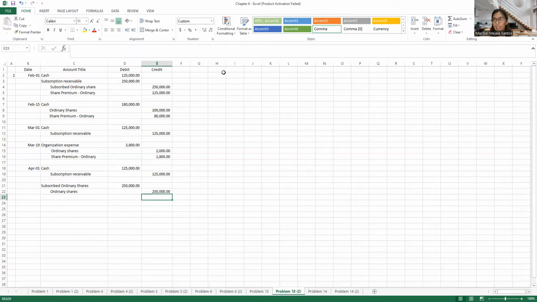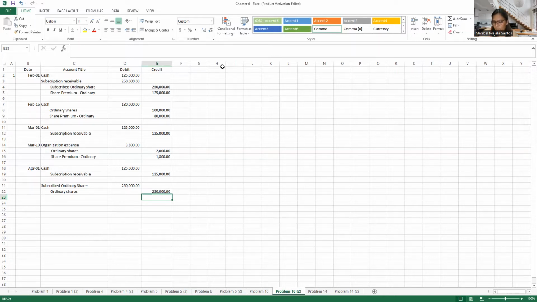Above cost, kung binenta natin siya at more than 3 million. So, debit cash, for an instance if it is issued at 2,700. Treasury stocks 3 million and then may share premium. Paano kung below? I-debit mo ngayon siya sa retained earnings. Okay? Then retirement. Later na natin pag-usapan yung retirement.